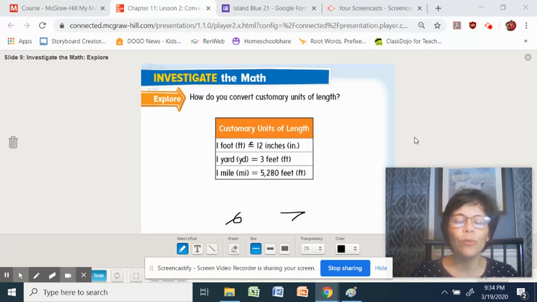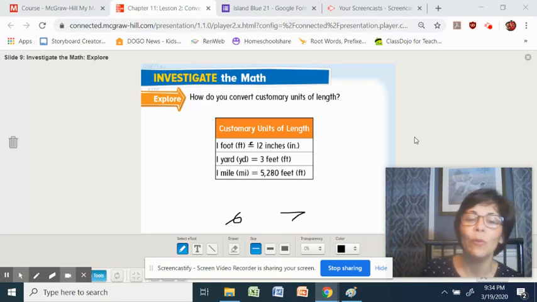If you go to the Philippines or Europe or anywhere else, they use the metric system. So instead of a mile, they use kilometers. I just wanted you to know that so you will be aware of the customary units of length versus the metric system. We will study the metric system, but we will focus on customary units first.